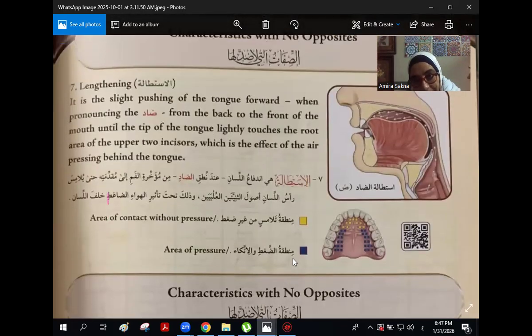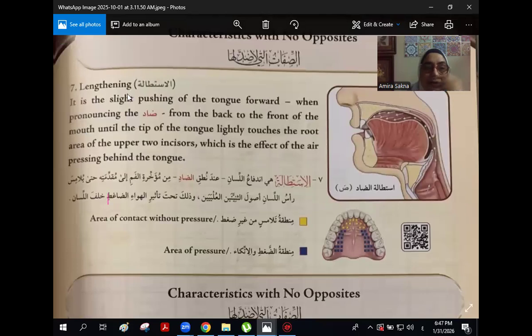Now we go to the next characteristic, which is al-istitala. Al-istitala, or lengthening, is a characteristic related to letter dod only. Let's read first, and then I'm going to explain.